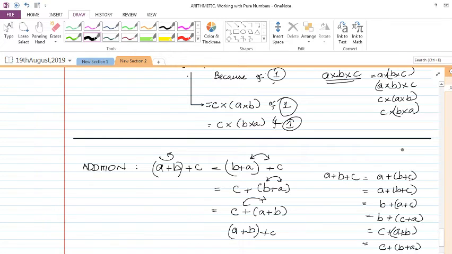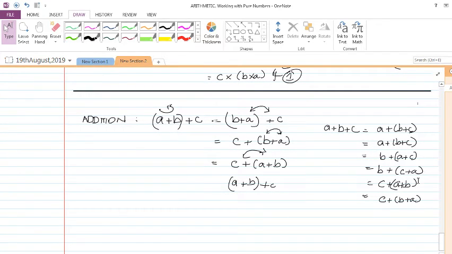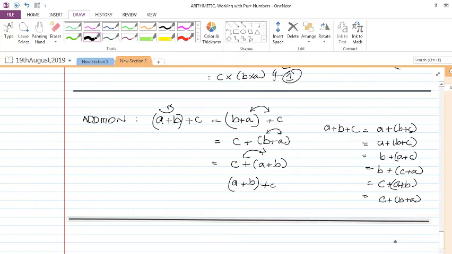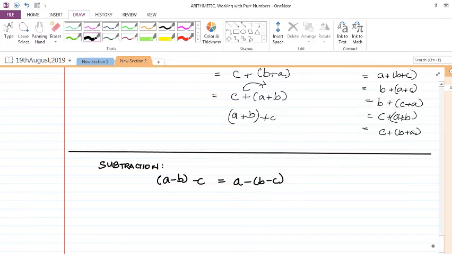So you know right off the bat that since division and subtraction are neither commutative nor associative, we know for subtraction, we're looking to see if A minus B minus C is the same as A minus B minus C in a different grouping. That's the question we want to know, if that is always true.